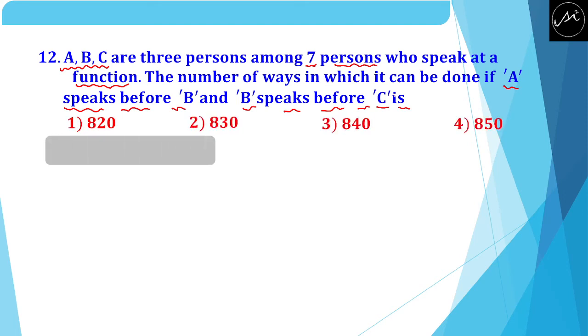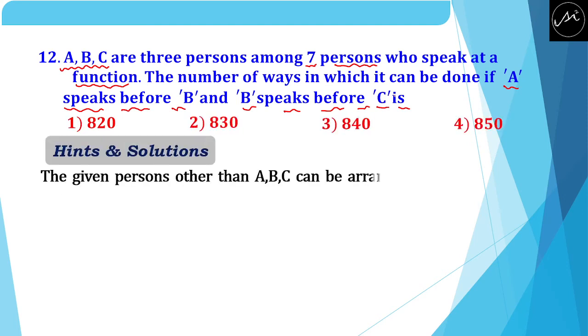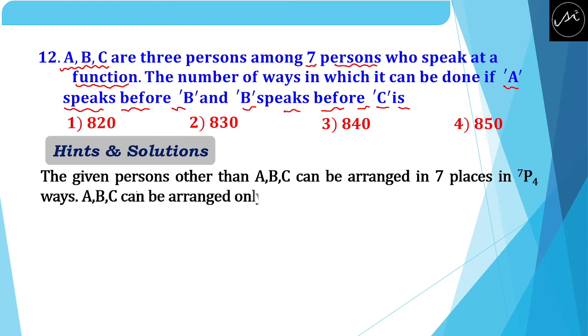So these are the 4 options, and now you can just see the given persons other than A, B, C can be arranged in 7 places. So that is 7p4, because there are 7 persons. So therefore you leave A, B, C.